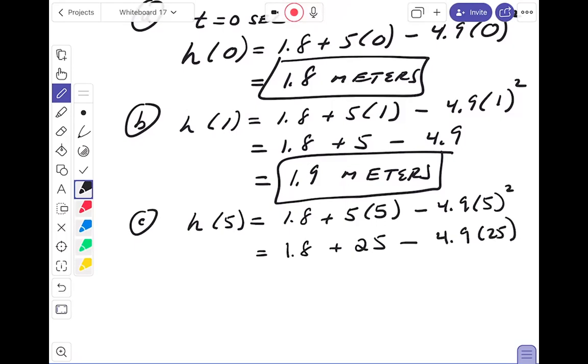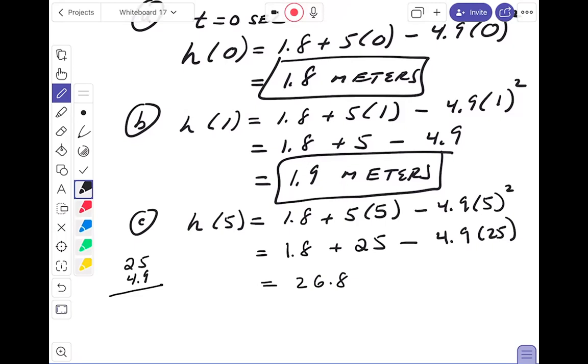All right, I'm going to do a little bit of work. I'm going to do 1.8 plus 25, which would be 26.8. Now, on the side, I'm going to do this over here, which is 25 times 4.9. All right, and I'm going to go through it.